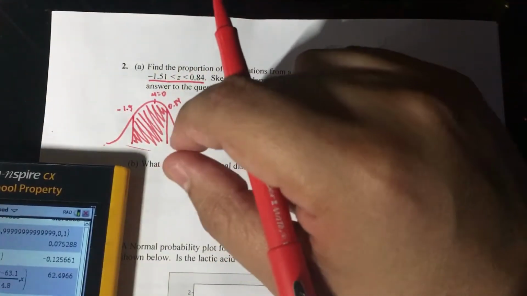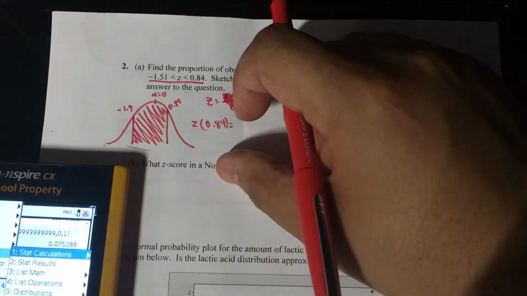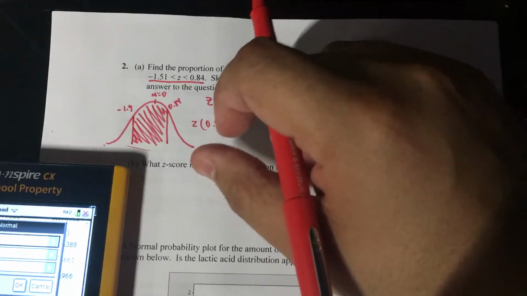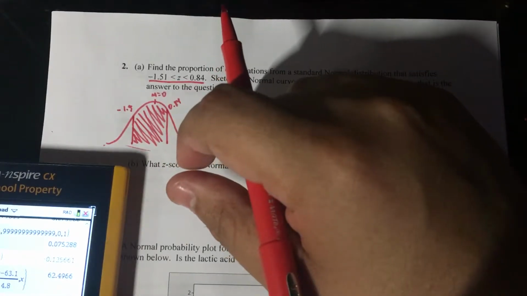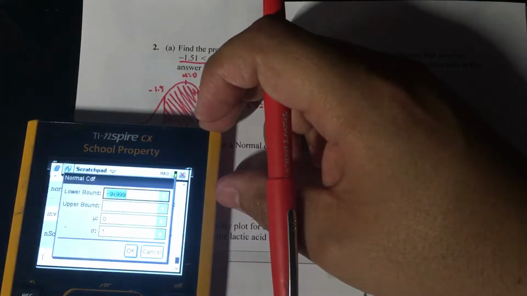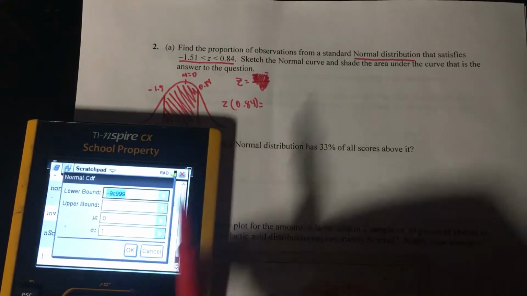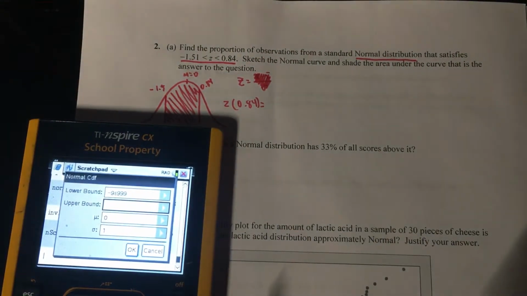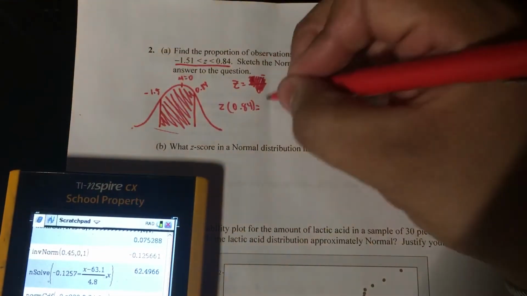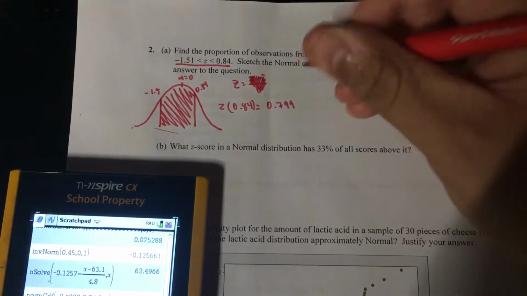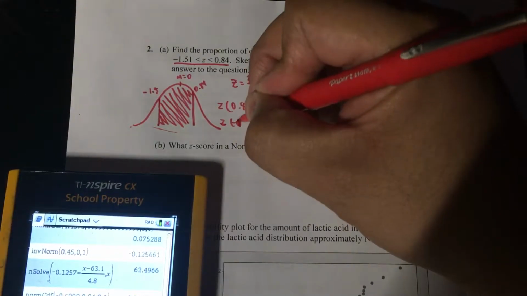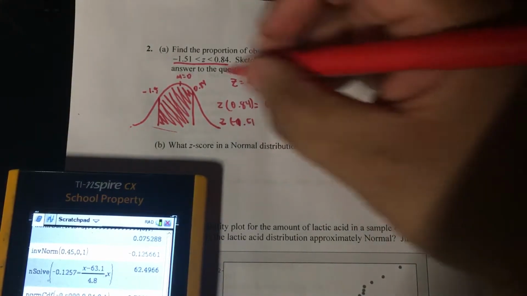So I'll go to menu, 6, 5, and then normal CDF. Oops, I pushed the wrong one, sorry. The lower bound is okay. The upper bound here would now be 0.84. This is equal to 0.7995, and the lower z-score would be negative 1.51.